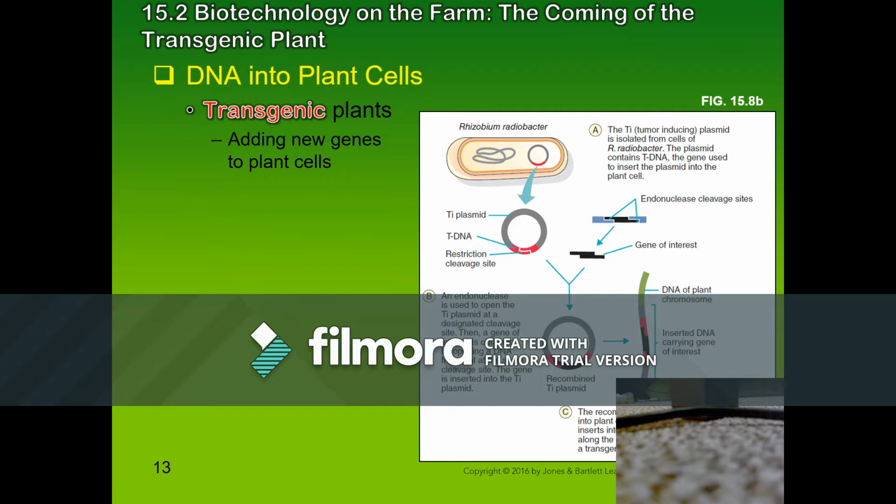Usually this is done through the bacterium Agrobacterium tumefaciens. What you're doing is making a plasmid in the lab, a Ti plasmid, and those Ti plasmids can then naturally recombine into the plant.